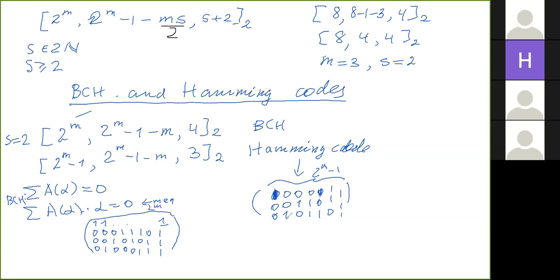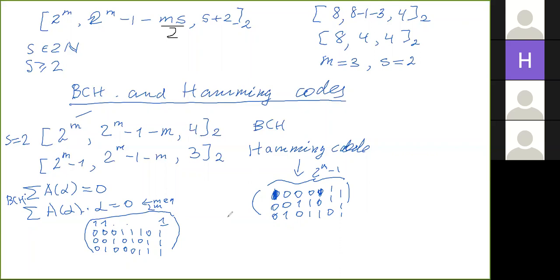So actually you can see that we take all the coordinates of the Hamming code and just add 1 new bit, which is the parity of all the remaining bits. So the BCH code for S equal to 2 is obtained from the Hamming code just by adding 1 bit to each code word, and that new bit is the sum modulo 2 of all the remaining bits.